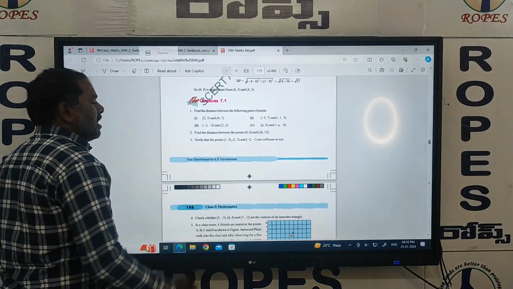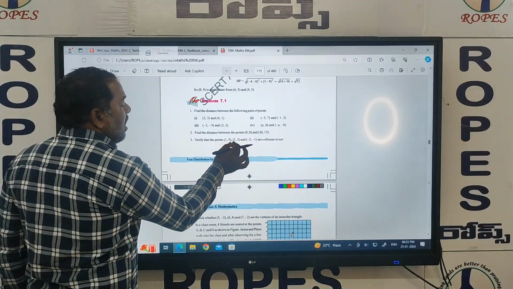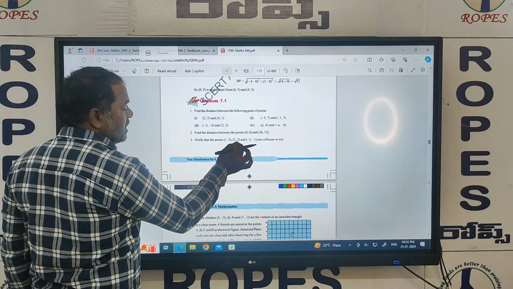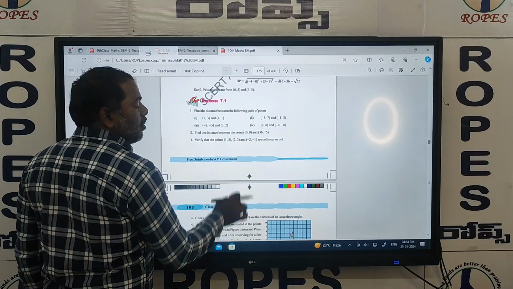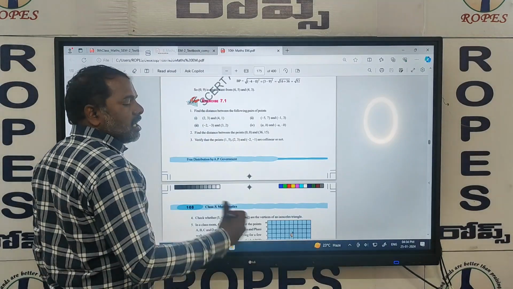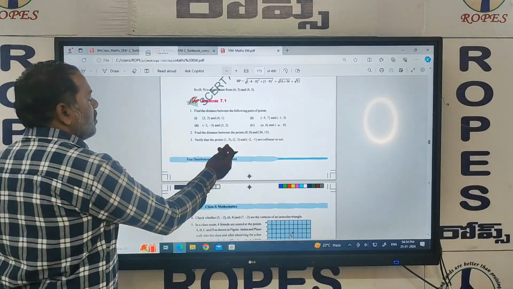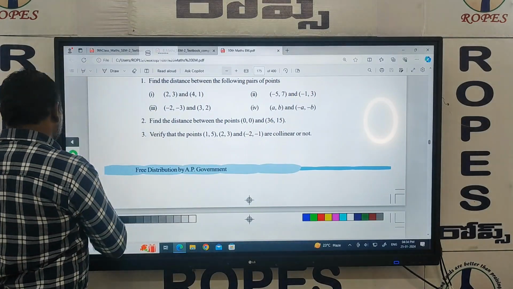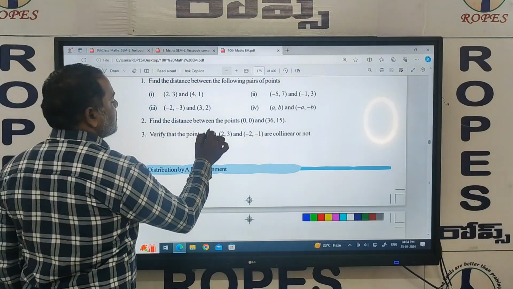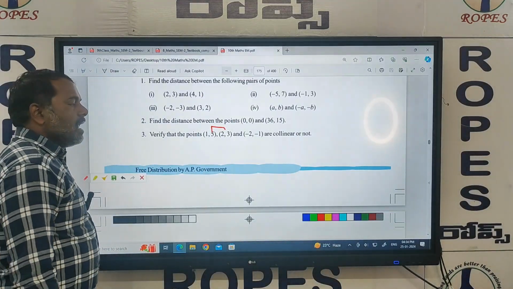When they ask about collinear or not, we check the distance between two points against the distance between the other points. First we find the distance between 1, 5 and 2, 3.